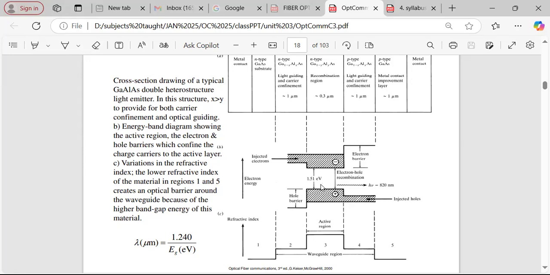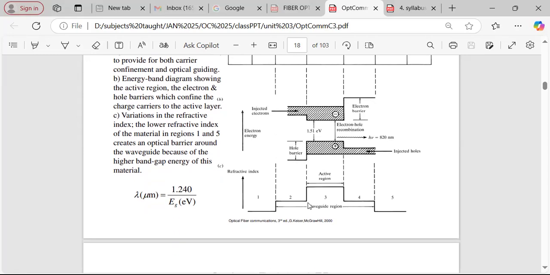As a result, recombination of charge carriers, majority or minority, takes place in this region, and as a result of the recombination, photons are emitted. For this particular structure, this combination of mole fractions will achieve photons of wavelength 820 nanometers.